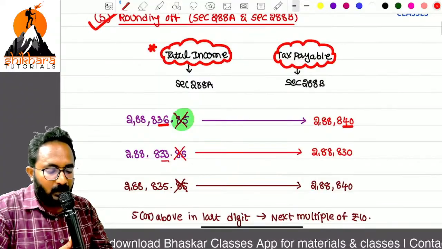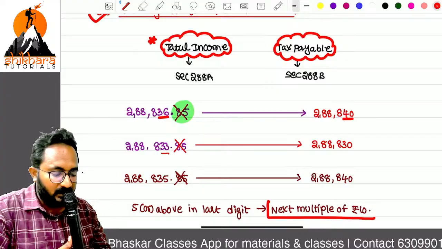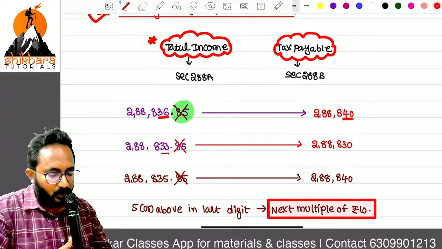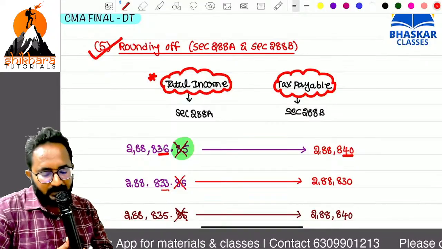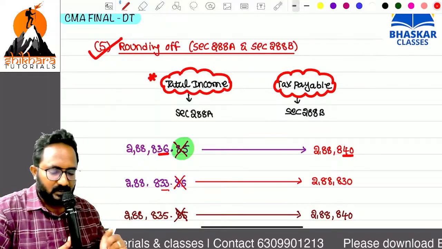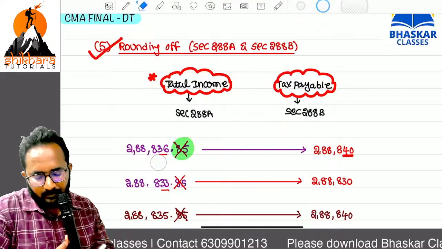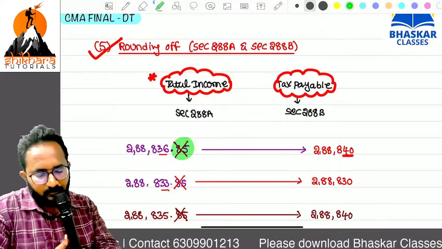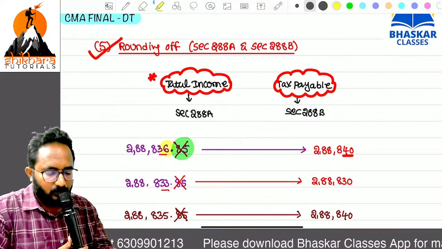That means we are rounding off to the nearest multiple of 10. 836 is near to 840. Sir, simply you can take the last digit, 6. Then you can round it off to 40.